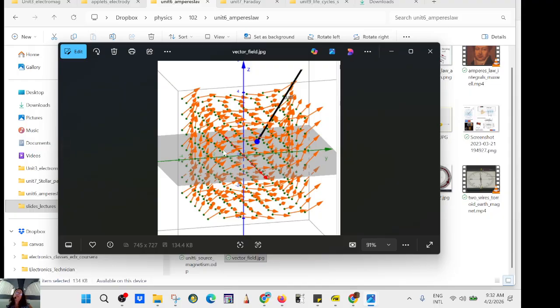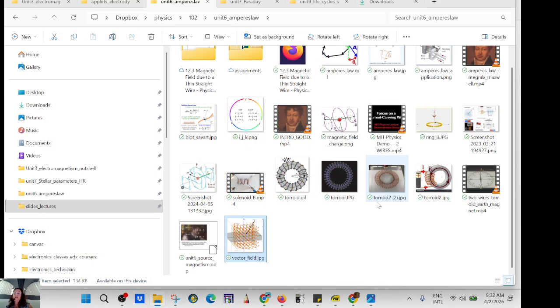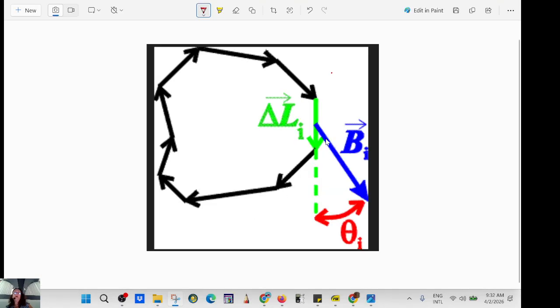So you take a path here. So every single point along the path, you're going to have a value for the magnetic field. You're going to have a direction and you're going to have a magnitude. And then maybe you attach to that path a membrane, like a soap film. Okay, so kind of the membrane here attached to it.